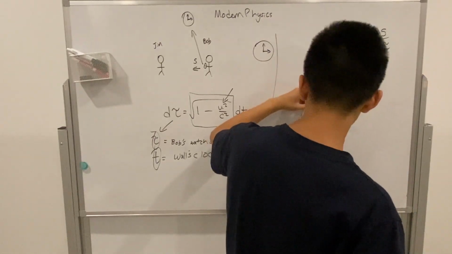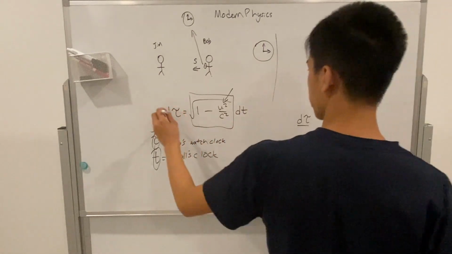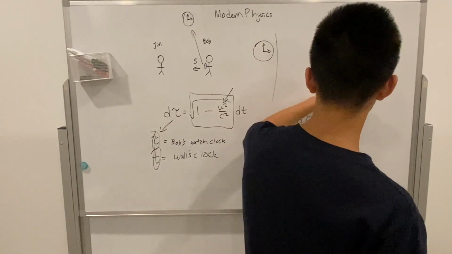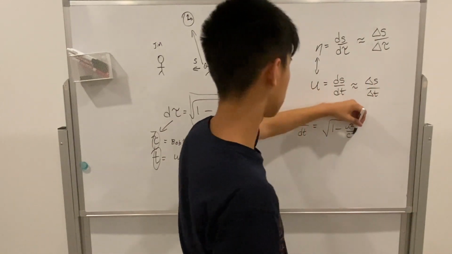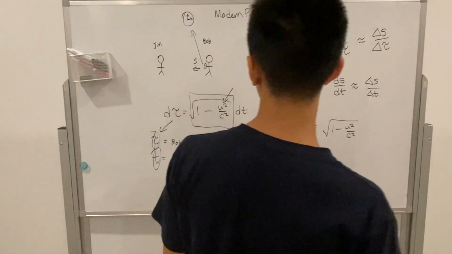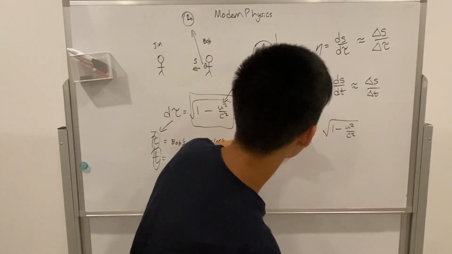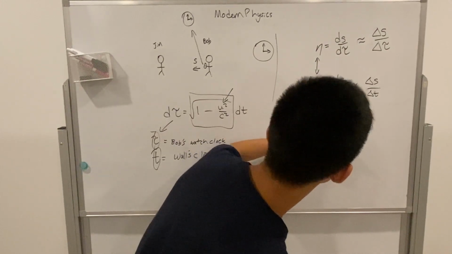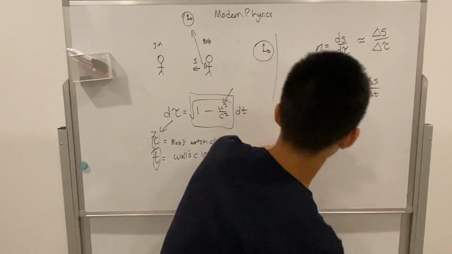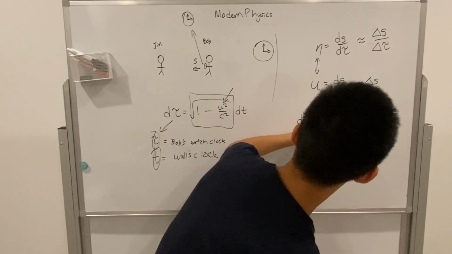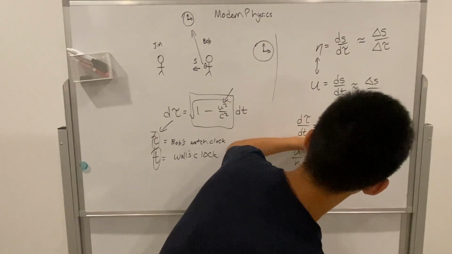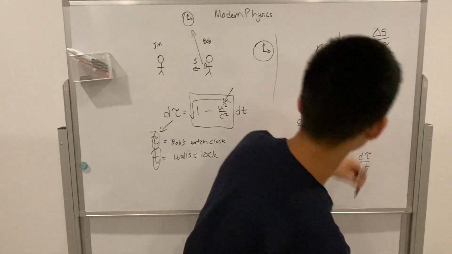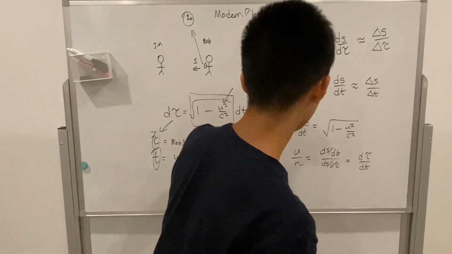So we know that if we divide both sides by dt, we can get something that looks like this. Then we know that u over n is equal to ds over dt over ds over d Greek t, that is equal to d Greek t over dt, meaning that this is equal to u over n.